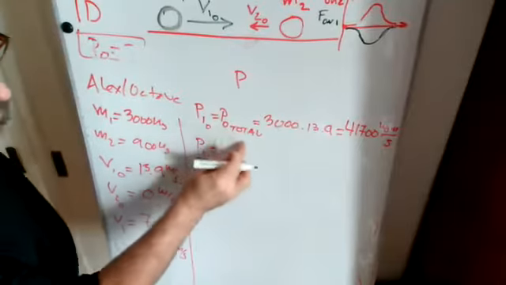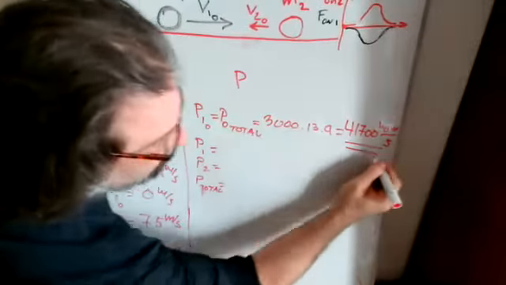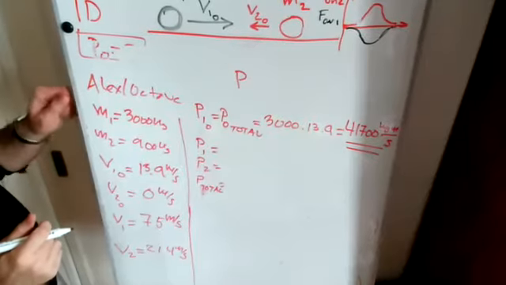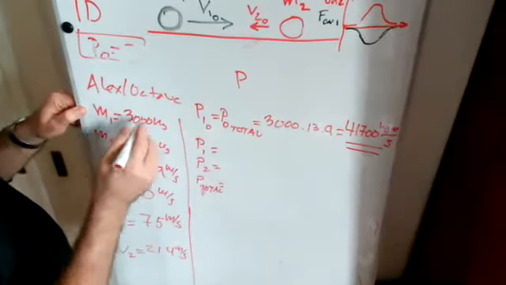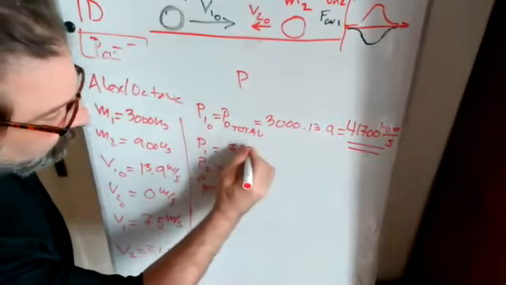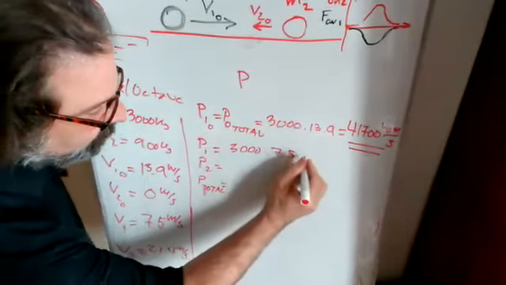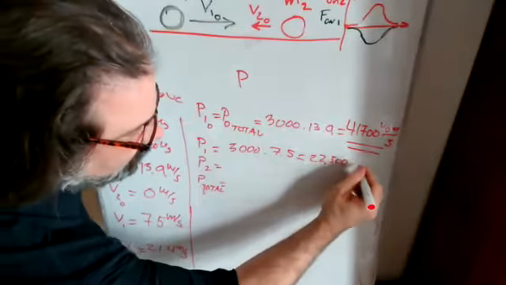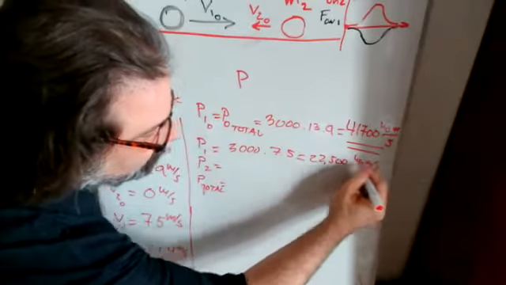So this P0 total was the total momentum before the collision, and this should be the total momentum after the collision. Let's take a look at P1. We have 3,000 now times 7.5, which is 22,500. Okay, we got that, kilogram meters per second.